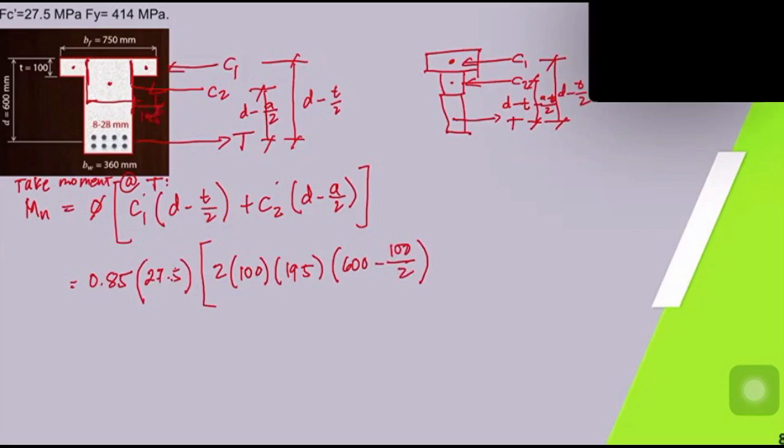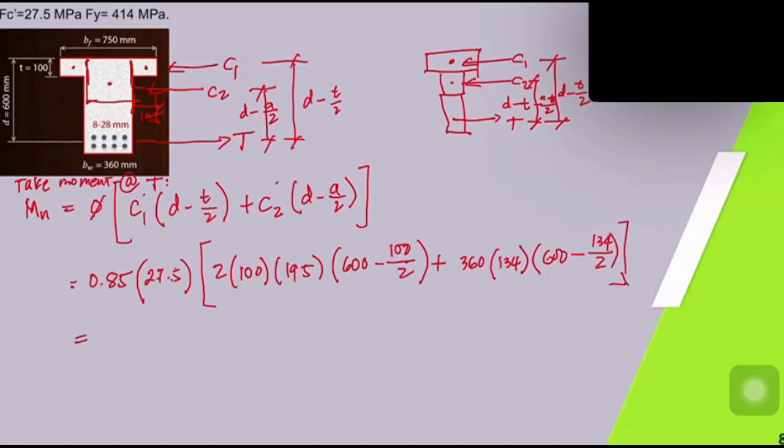So that is 750 less 360 divided by 2. That's 195. So that is the moment arm plus C2. We have 360 multiplied by 134 times the moment arm 600 less 134 over 2. Yan. Paki-check kung tama if you have any queries.